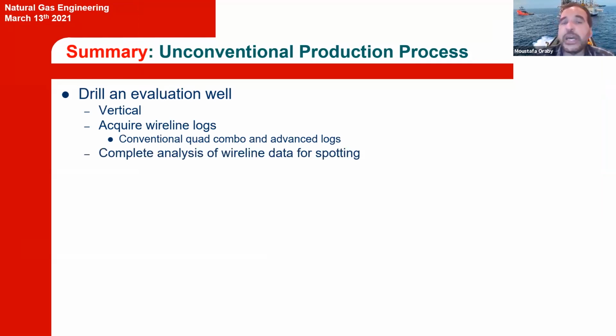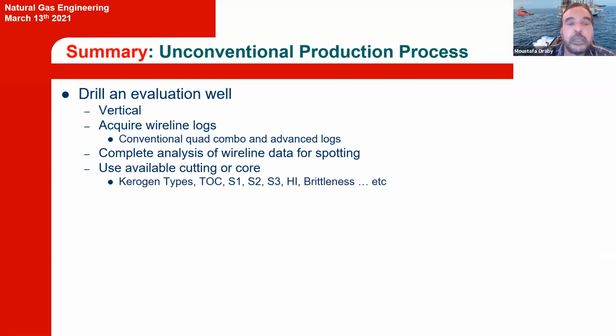Then you complete the analysis of the wireline and the core data. Use available cuttings and core data, and you do the measurements. Then you calculate the TOC, the S1, the S2, the S3, all these values that you have, right?